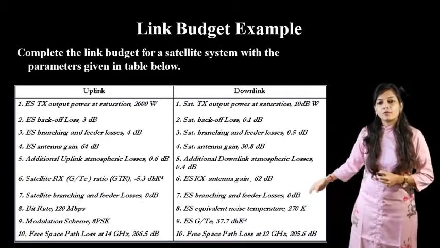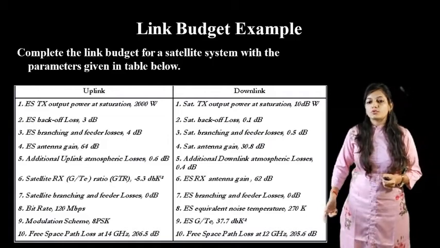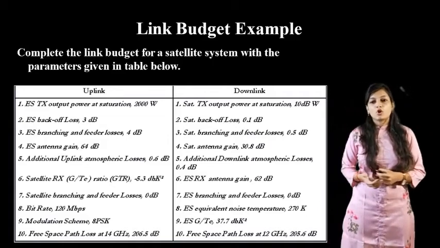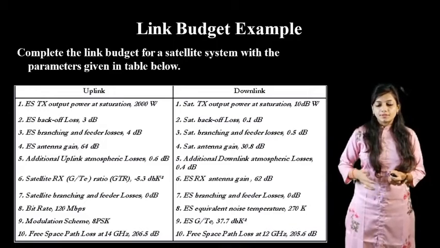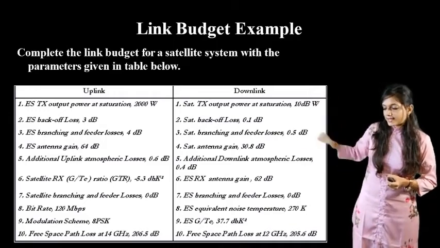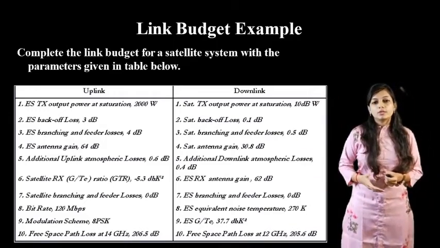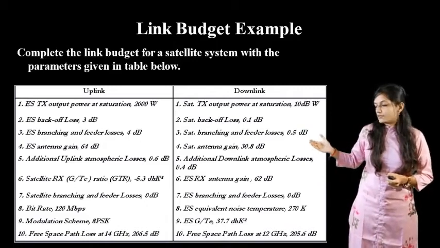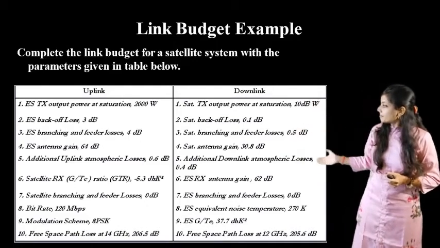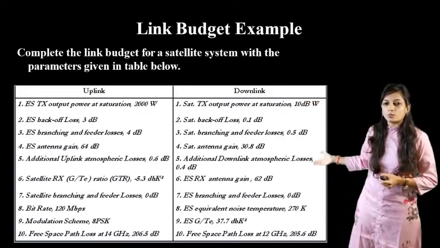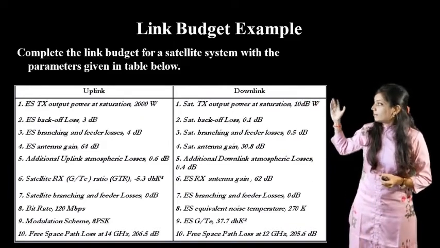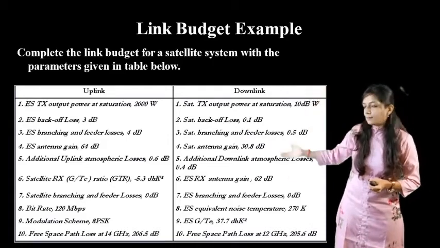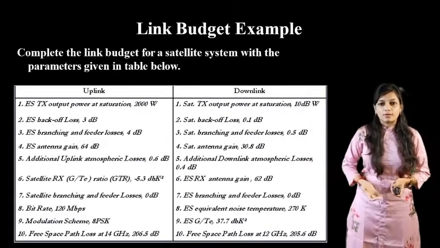Alright, and for the downlink its value is 205.6 dB, which is almost nearer to the uplink. Right? So this is the example to calculate a link budget, and which gives the complete difference between uplink and downlink. Then how to calculate a link budget separately for the uplink and for the downlink.